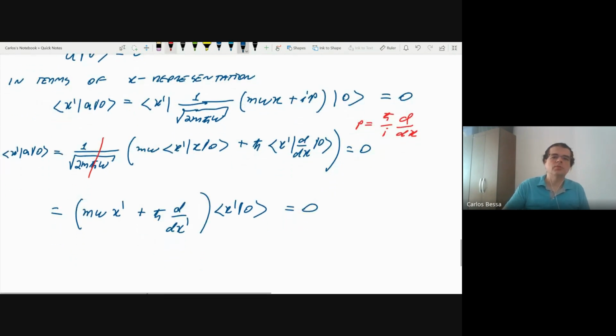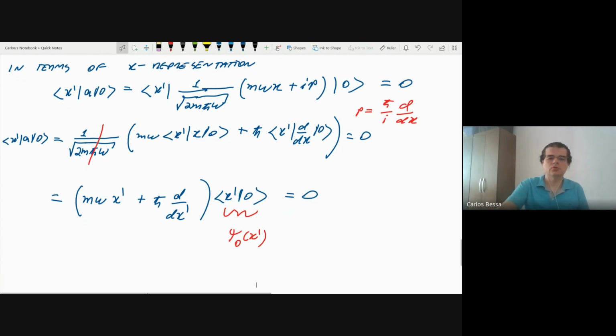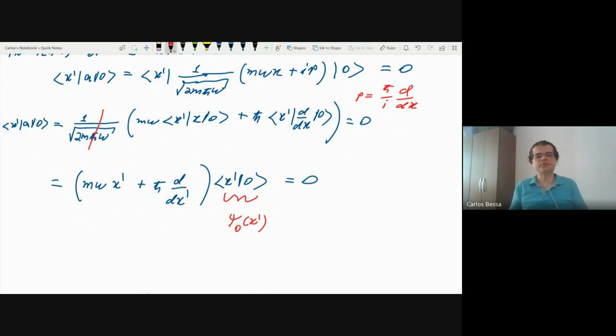But just to remember, x prime 0 is just my wave function. This is in the Dirac notation, but this is the definition of the wave function, psi 0 of x prime. Remember, I think in Maria's lecture she showed this in the math tools.